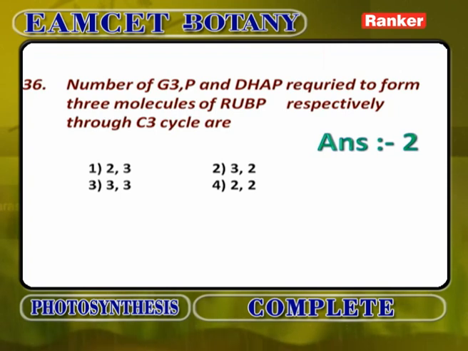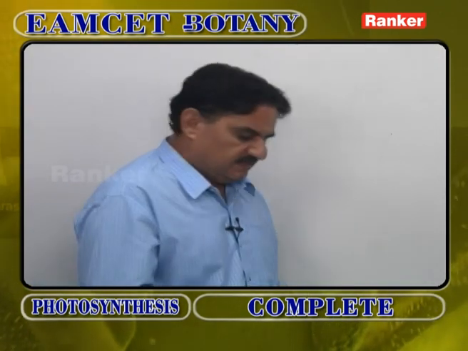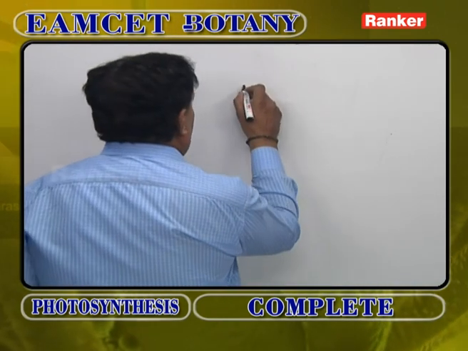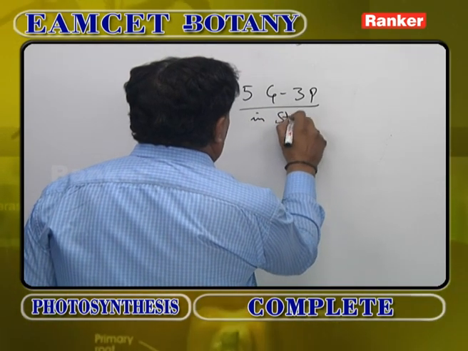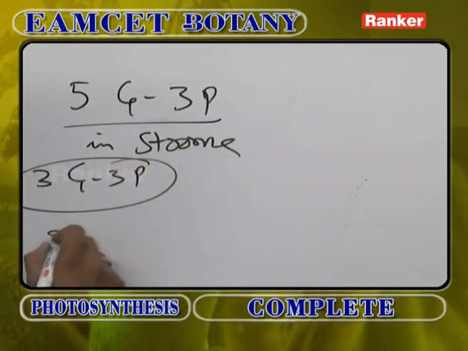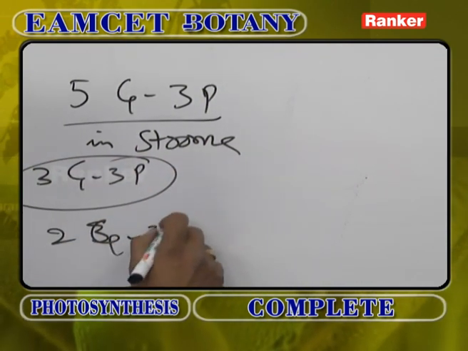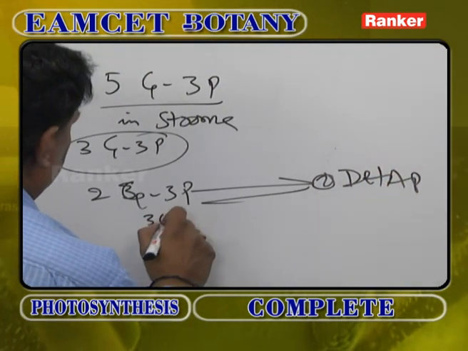Number of glyceraldehyde 3-phosphate and DHAP required to form 3 molecules of RuBP respectively through the C3 cycle is: out of 5 molecules of glyceraldehyde 3-phosphate in the stroma matrix, 3 molecules of glyceraldehyde 3-phosphate remain as they are. 2 molecules of glyceraldehyde 3-phosphate convert into 2 molecules of dihydroxyacetone phosphate.